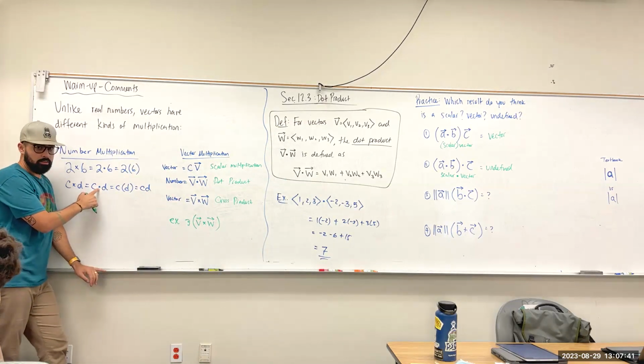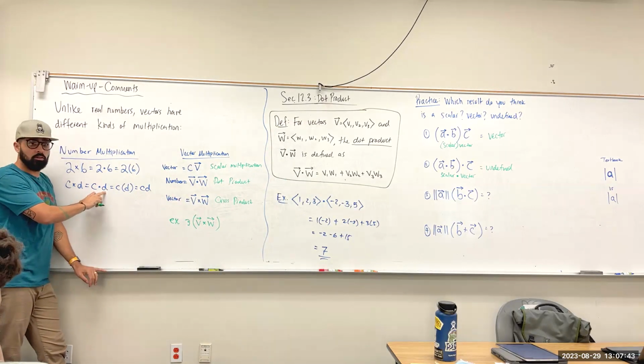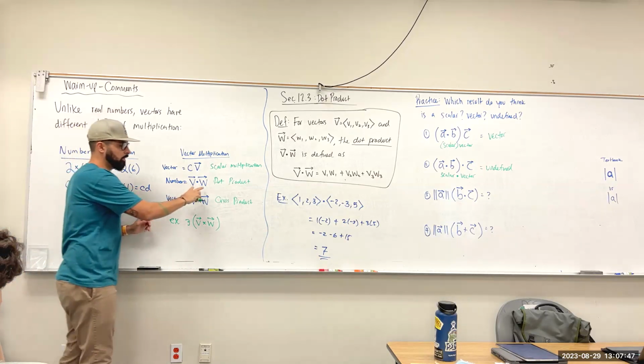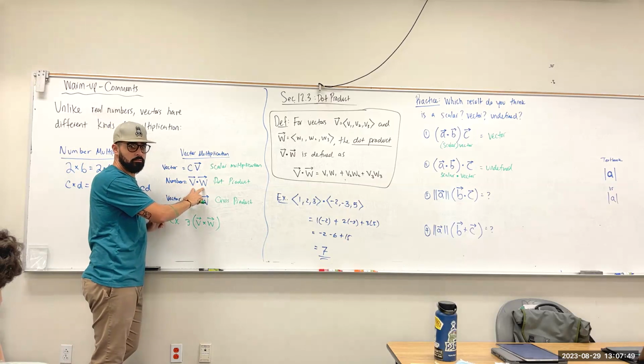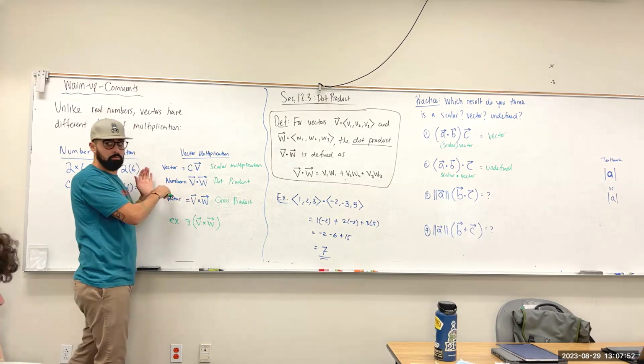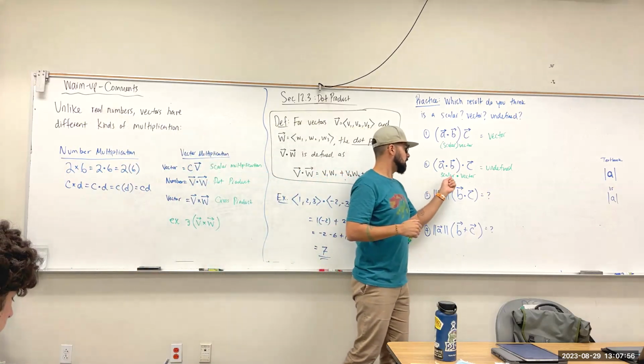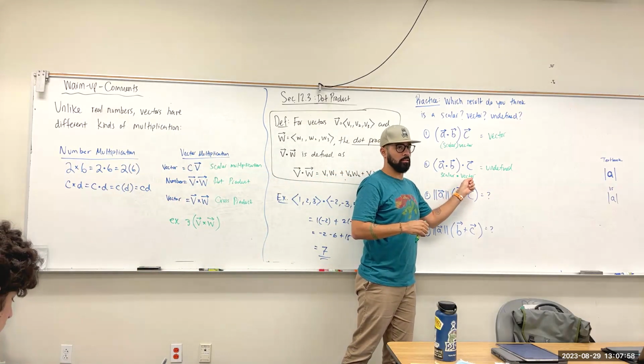If I'm using a dot, either the two things are scalars, to give me a scalar, or the two things are vectors to give me a number. But we don't have a definition of a scalar dotted with a vector. That right there is undefined. You can see the difference?